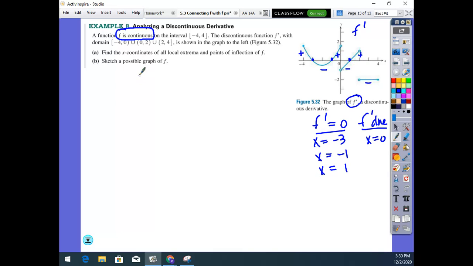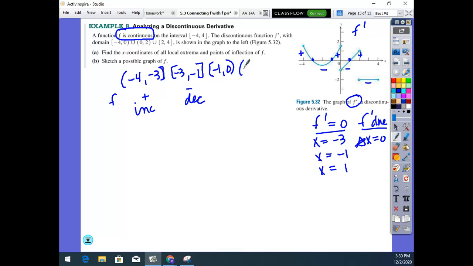All right, so let's put that on a chart here. -4 to -3, F prime is positive, so it's increasing. Then there's a 0 slope, so I'm going to include -3. The -3 to -1 is negative, so it's decreasing. -1 to 0, not including 0, because that's where the derivative does not exist.